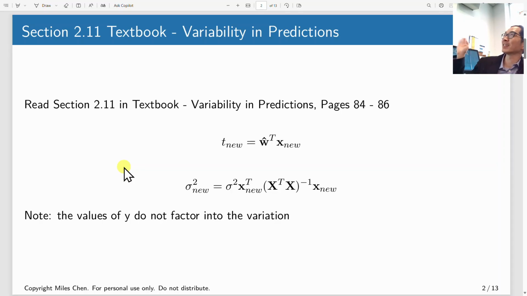Well, anyway, let's talk about the material today. We have this generative model, and we talked about maximum likelihood estimation, and finding the parameters, the weights in our linear model, to maximize the likelihood.